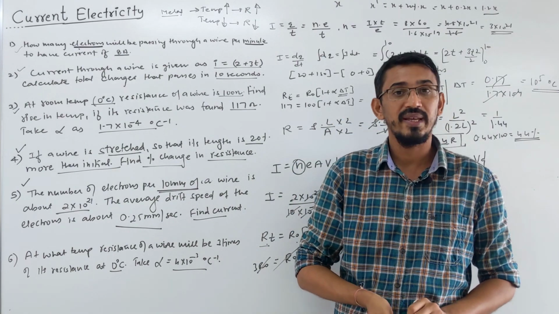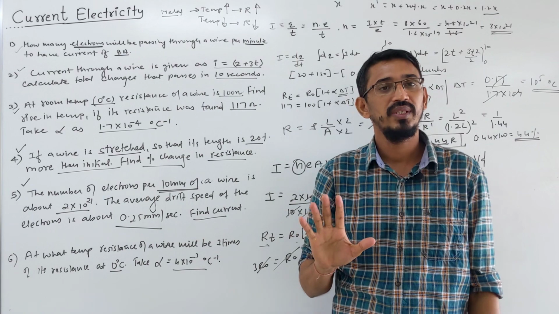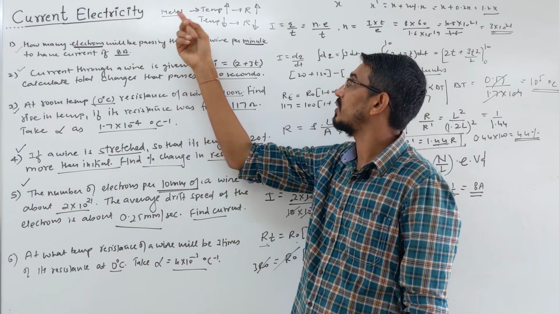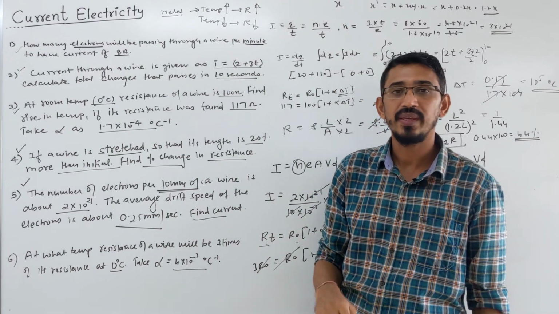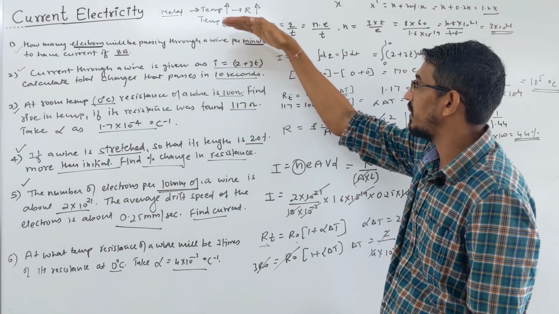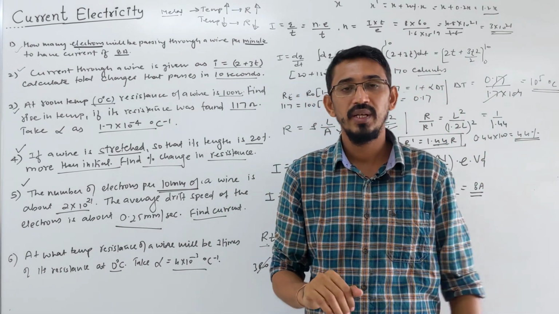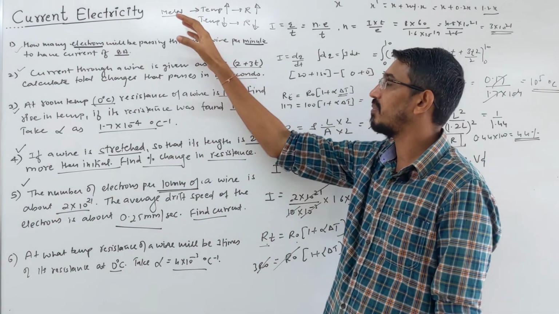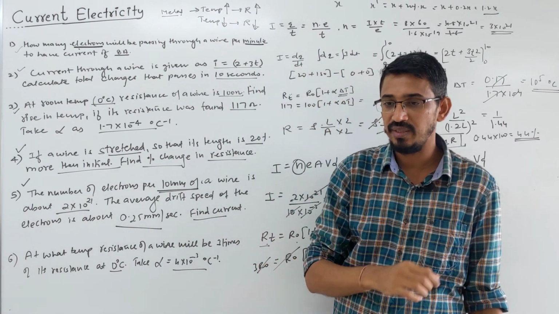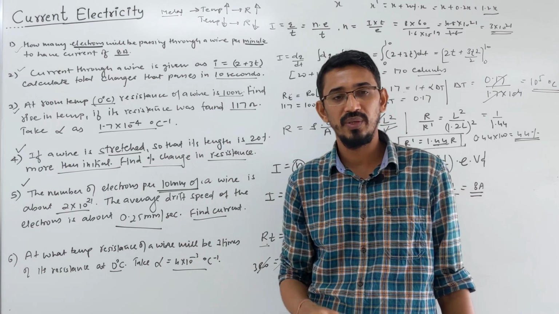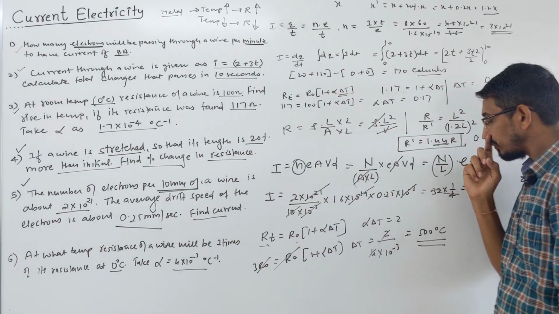If you keep reducing the temperature, at some temperature the resistance becomes 0. At that time this metal or conductor behaves like a superconductor, which has zero resistance. That temperature is called the critical temperature, and at that temperature your conductor becomes a superconductor. There is no opposition now. Once you set the electrons in motion, they keep moving even if you don't supply extra energy.